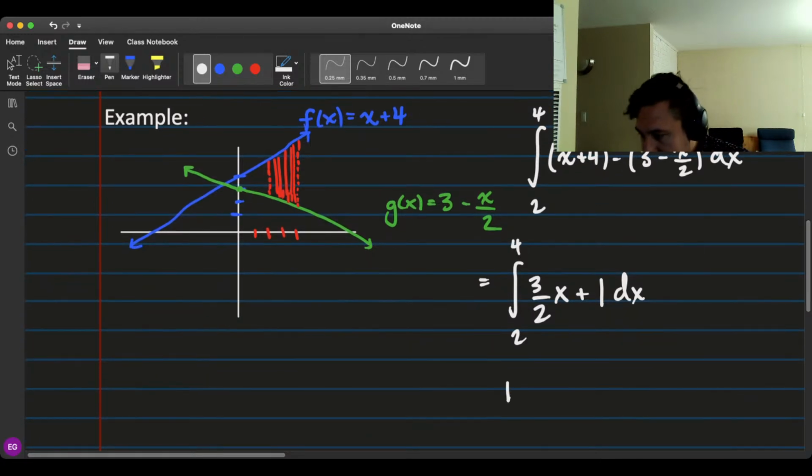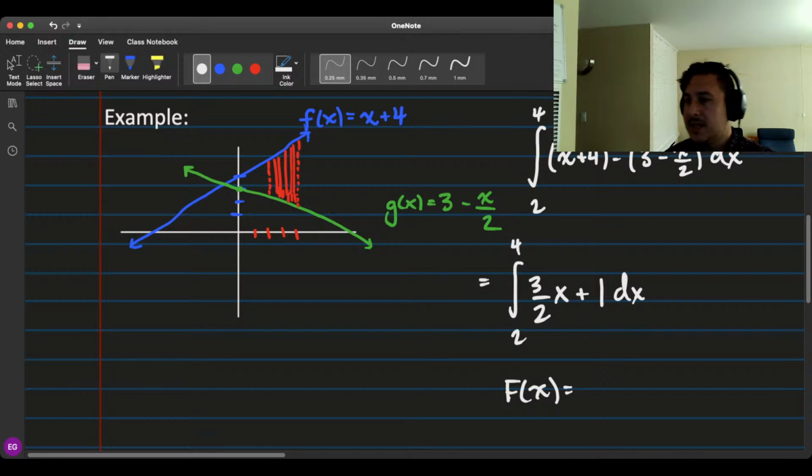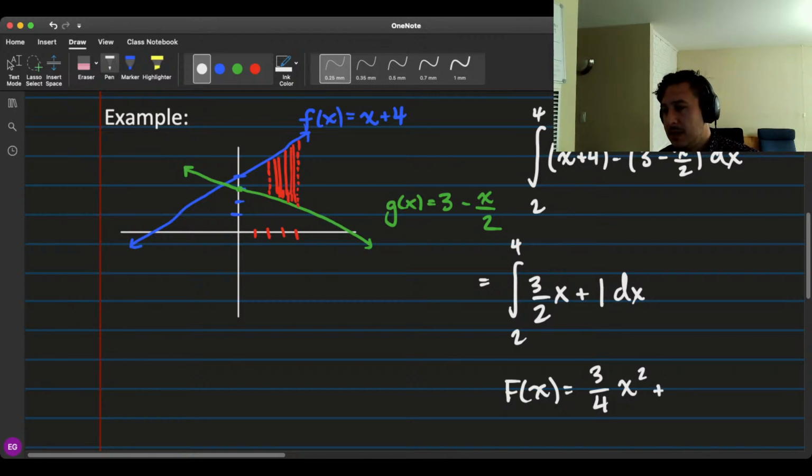The antiderivative to this is, so if you integrate the x, you get x squared over 2. So you're going to get 3/4 x squared. Integrate the 1 and you get x. So we're going to need to plug 4 and 2 into that.